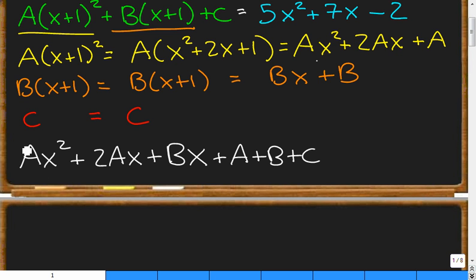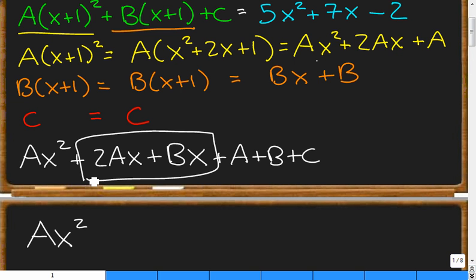We have one x squared term, so that stays the same: ax squared. We have two terms with x in them. We need just one term, like we have up here, positive 7x. So how do we count the number of x's? Well, that's what factoring does. It counts the number of things. If we factor an x out, and this is going to look different because normally we factor out to the front, but I'm going to factor to the back side here.